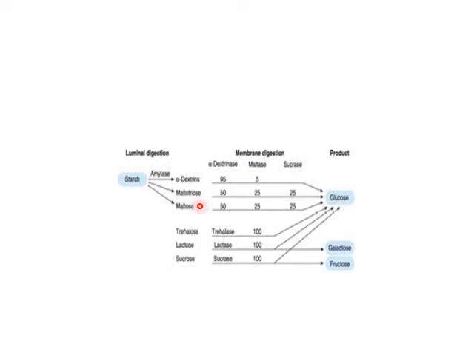There are also disaccharidases present in the membrane of the microvilli in the small intestine, which include trehalase and lactase. Lactase hydrolyzes lactose into glucose and galactose, whereas sucrase hydrolyzes sucrose into glucose and fructose.